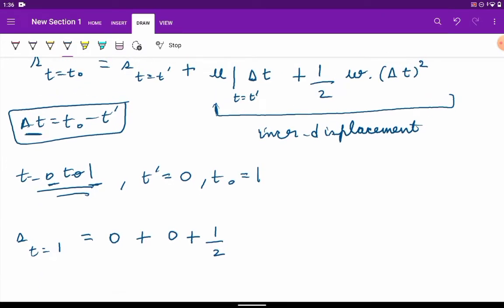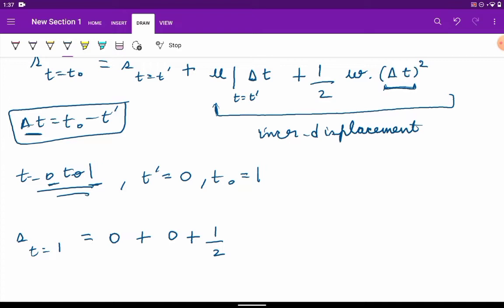So just remember one thing, since it is an approximate curve, I'll just find out the end points. Whenever it is a parabola, in this case it will be a parabola, because you have this acceleration due to which there comes this delta t squared term. Because of this, the displacement varies with the square of the time, so that is why the shape will be a parabola.